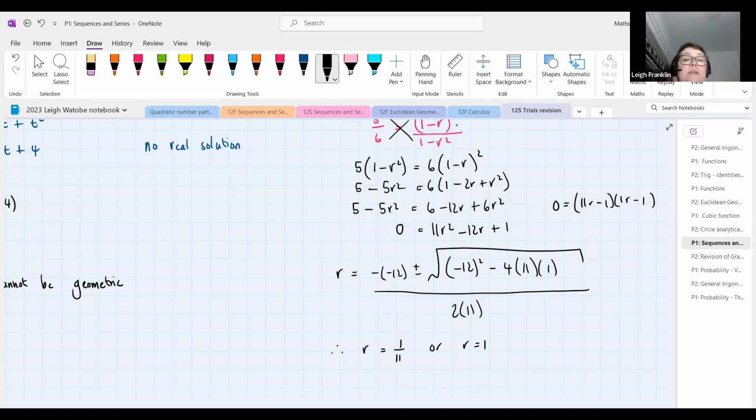But we're dealing with sum to infinity. So there's a restriction on the value of r. r is not allowed to be equal to 1 over here. So that's not equal. Remember, r has to be greater than -1, but smaller than 1. So this is our only solution. r would be equal to 1 over 11.